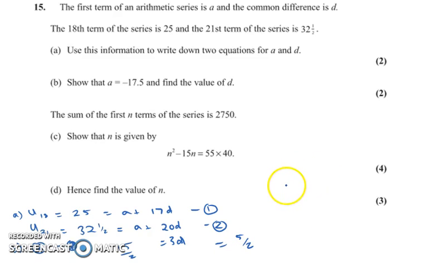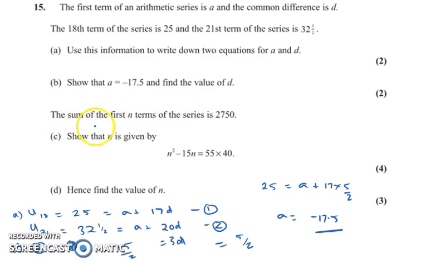If we then stick this back into equation 1, we get left with 25 equals A add 17 times 5 over 2. So when we rearrange it, A is minus 17.5, which is what it said in the question.